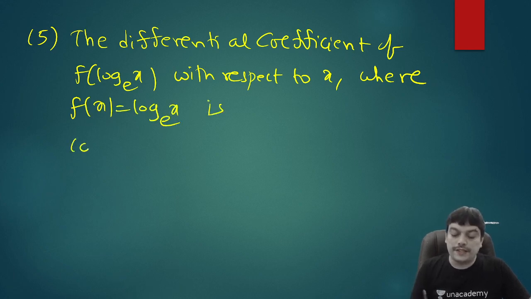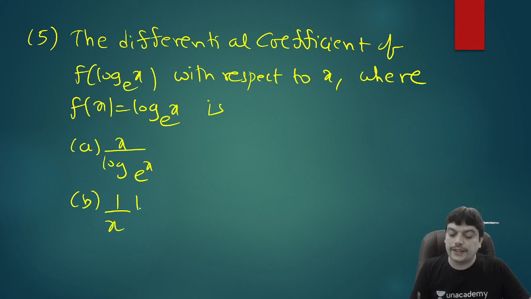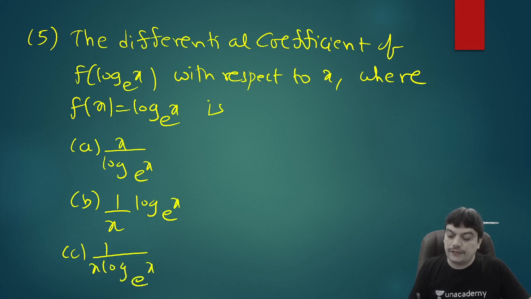So first option is x by log x base e. The second option is 1 by x into log x base e. Then we have the third option 1 by x log x base e. And finally the fourth option is none of these.